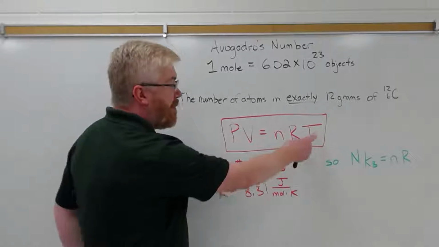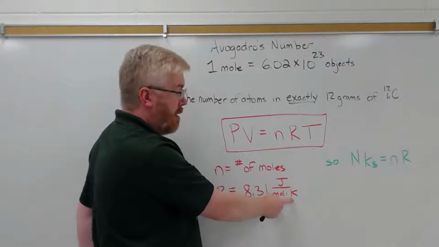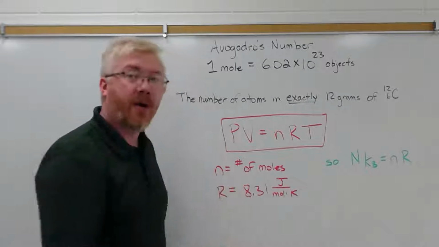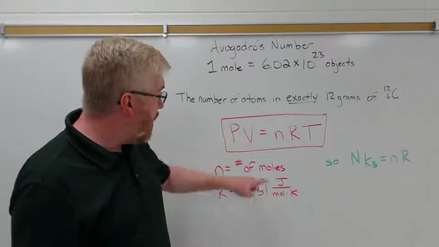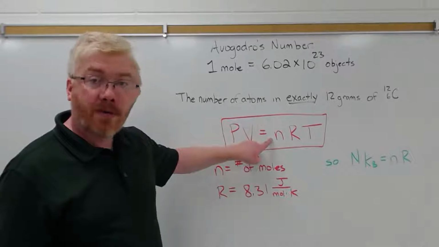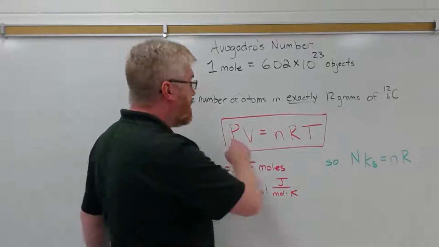And you know you have to plug temperature T in Kelvin because the gas constant has kelvins in it. The only way this kelvins is going to cancel in this equation is if your temperature is also in kelvins. The only way that this mole is going to cancel is if n is in moles, and the units will cancel.